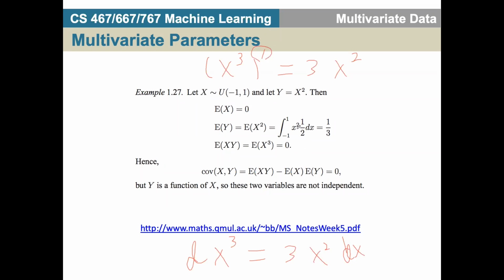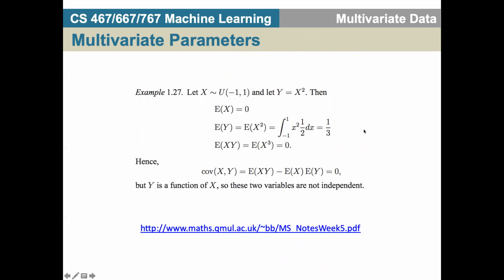Now this is x squared dx. If you write it as dx cubed, you owe a factor of 3, so it's 1 by 3. And there's another half, so this is 1 by 6.